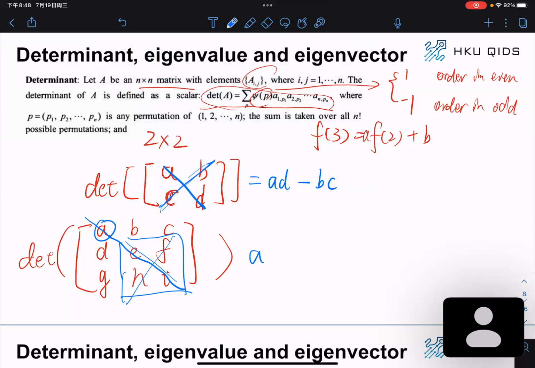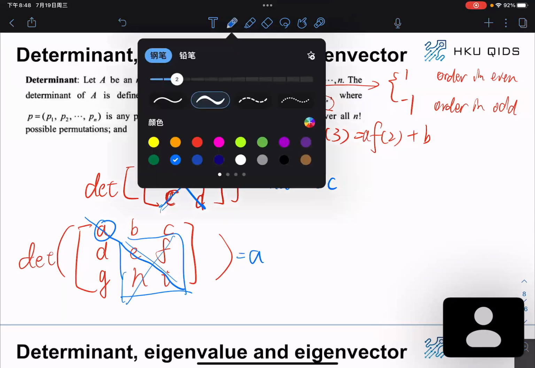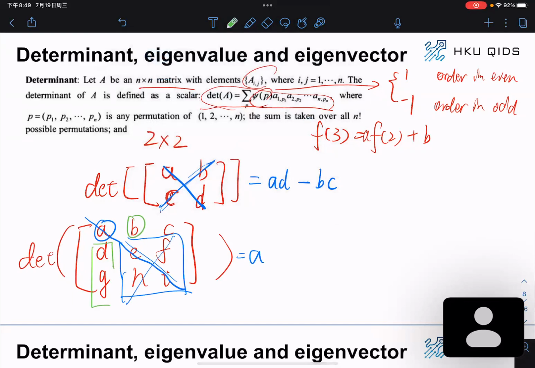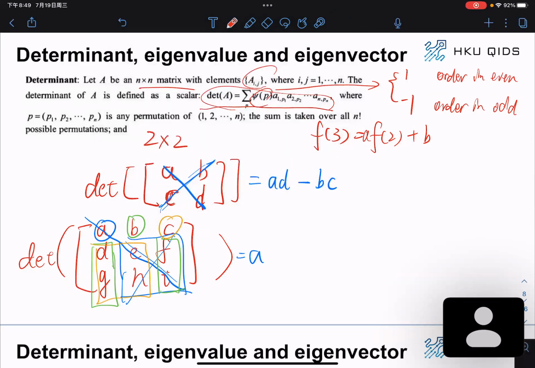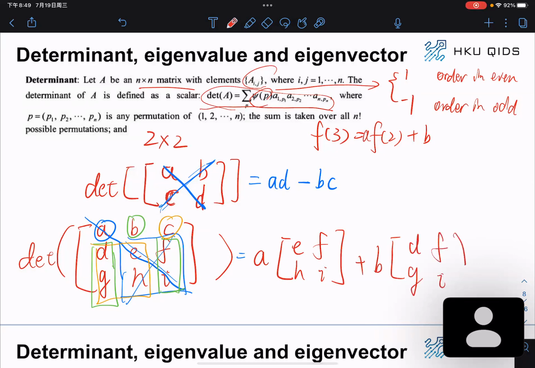And then we select this B with the matrix of DG and FI, and we do the same thing. And last but not least, we go for C with D, E, G, H. So basically, it is just A times the determinant of E, F, H, I, plus B times the determinant of D, F, G, I, plus C times the determinant of D, E, G, H.